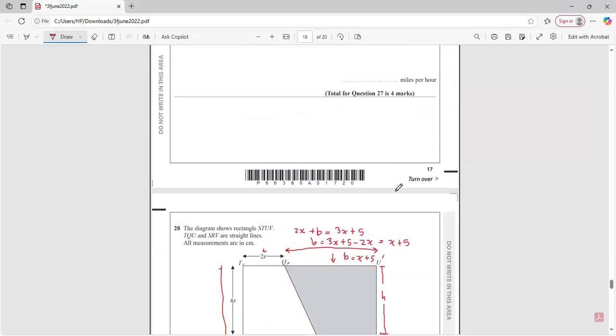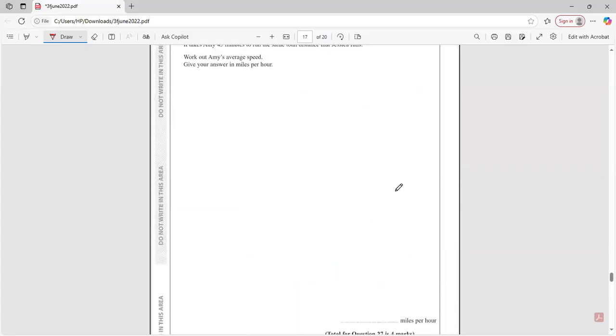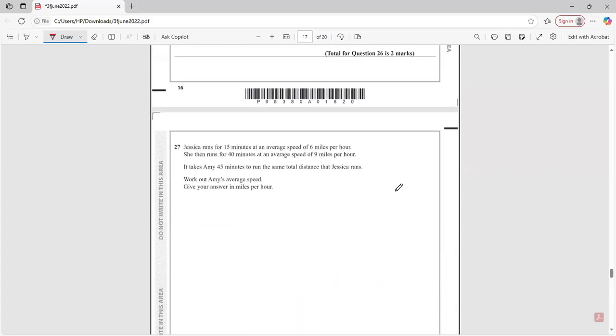so moving on. Does this look like something you can handle? Jessica runs for 15 minutes at an average speed of 6 miles per hour. She then runs 40 minutes at an average speed of 9 miles per hour.